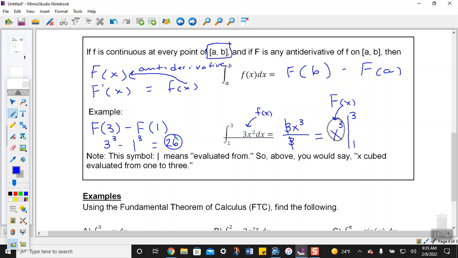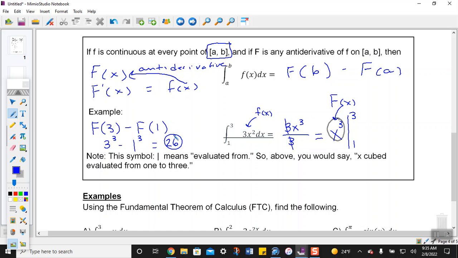So just making sure we're good with this. Here's a function. We'll see how good we are. I'm giving you little f of x. What's capital F of x in this case then? What are you going to do with your power first? Add 1 plus 1.